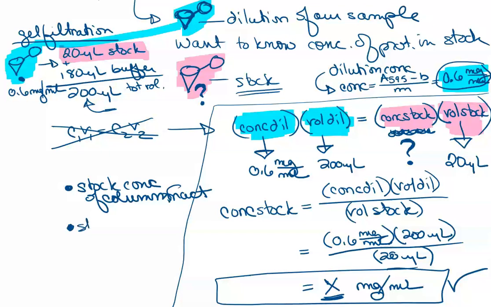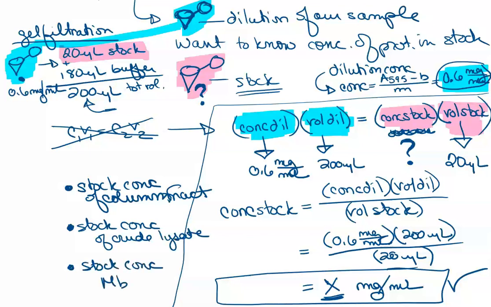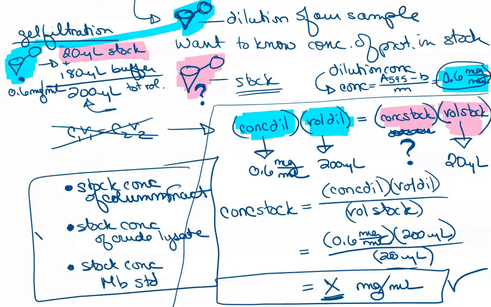You're going to determine the same way the stock concentration of your crude lysate and the stock concentration of your myoglobin standard that was used for the azide. We're going to do these all using the same process.